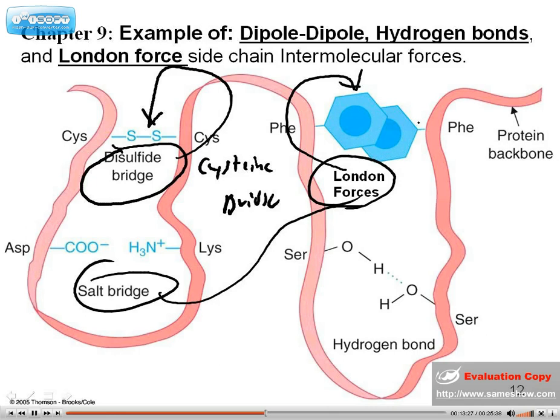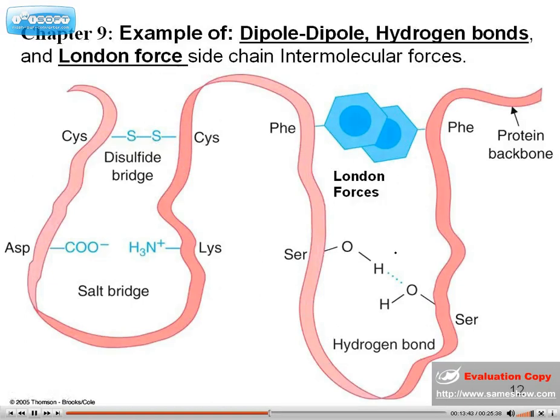So these would be hydrophobic interaction or London forces. And finally, if we have two serines, these are hydrogen bonding. This one I could give you, this one I could give you, this one I could give you, this one I would not give you.